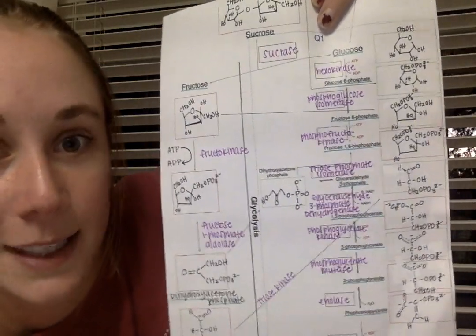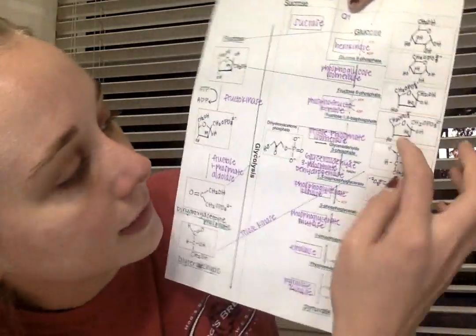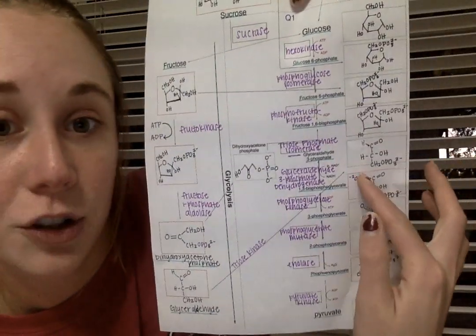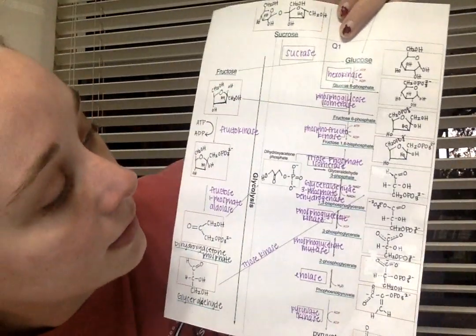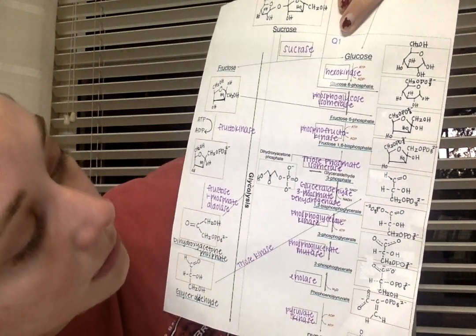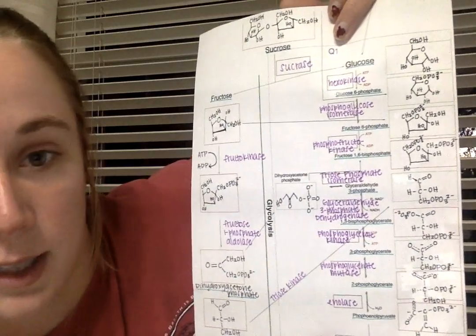phosphofructokinase. I just love these names. That's going to use up an ATP molecule too. But then we see later down here the NADH, yay, and that gets made with the help of the enzyme glyceraldehyde 3-phosphate dehydrogenase.